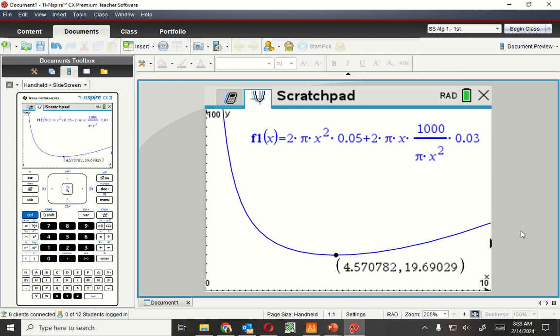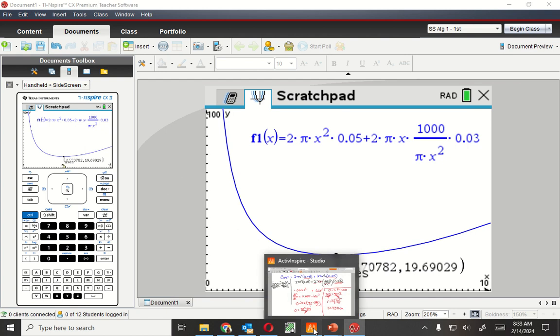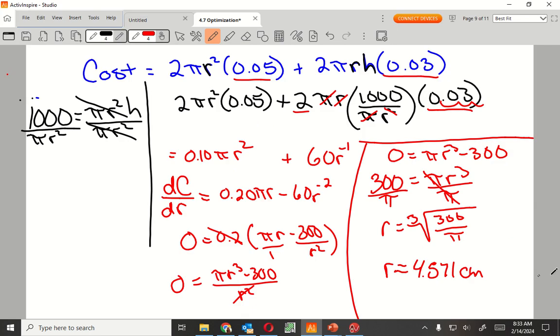Now we also have to find the height. So, if that's what I do to find the radius, how would I find the height? Put it back in over here in my volume formula. Plug it back in over here for my volume formula.